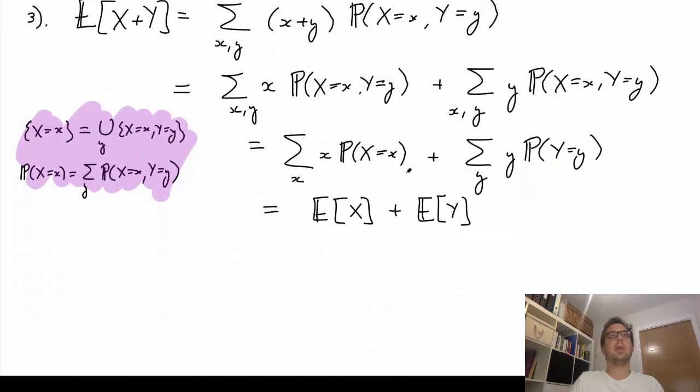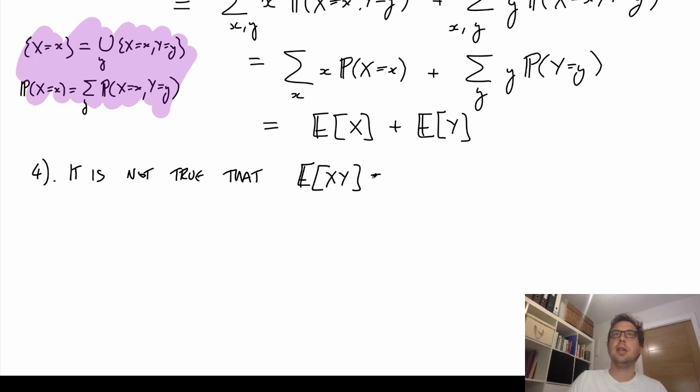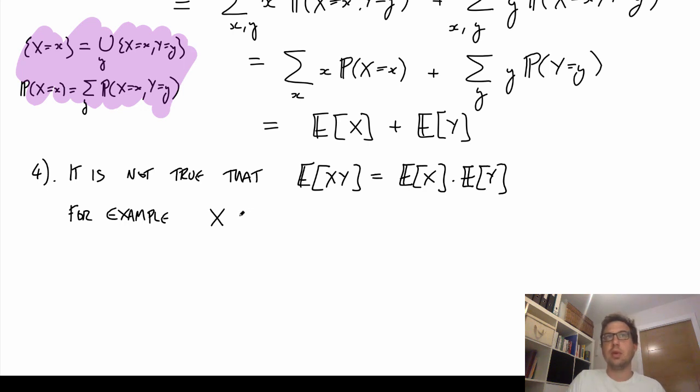It is not true that E of X times Y is equal to E of X times E of Y. For example, let's suppose we throw a coin and that X is equal to 1 if the coin lands heads, and equals 0 otherwise.